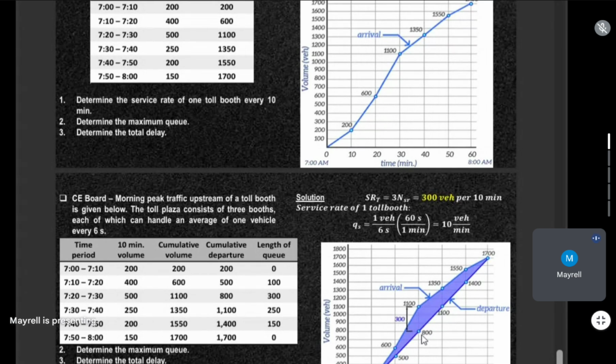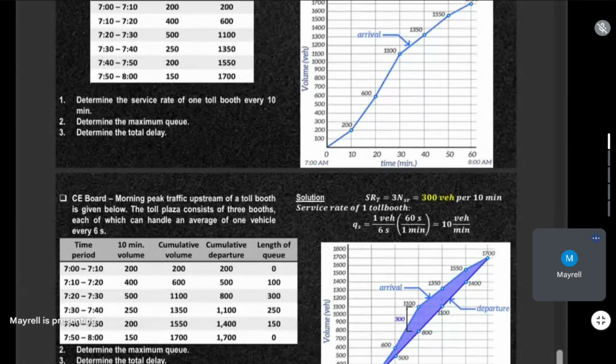So, let me see. You graph the arrival and the departure. Okay. So this shaded part, that's the queue part. So, the delay: you have 10 over 2, that's the 10-minute period of time over 2.